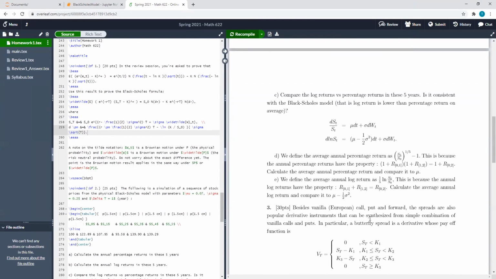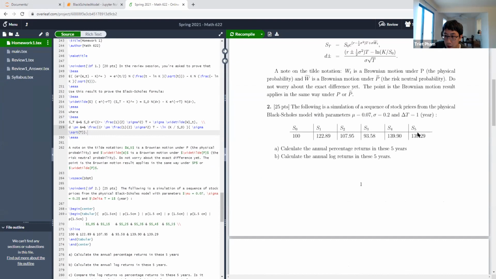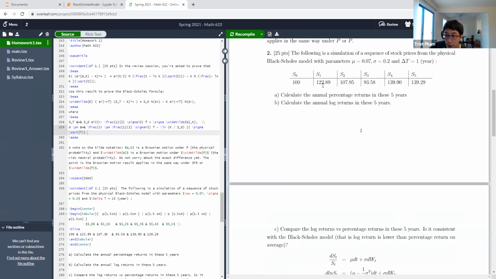Yes. Hold on. Am I sharing that for you? Yeah, you're seeing my screen, right? So what I mean is this. What you want to do is take this value. How do you define log return or percentage return? Percentage return, say from 0 to 1, will be S1 minus S0 divided by S0, times delta t.